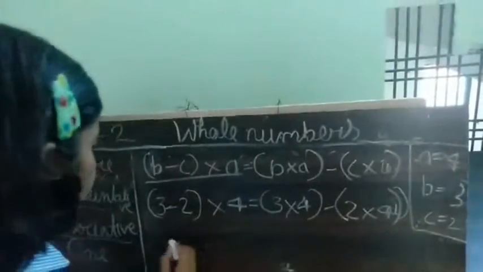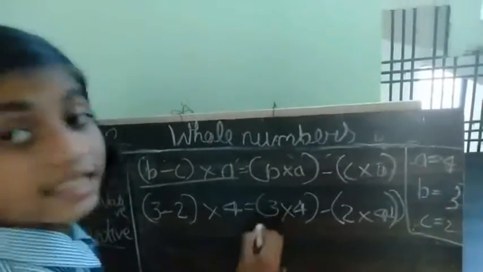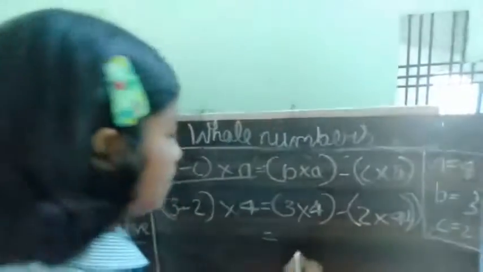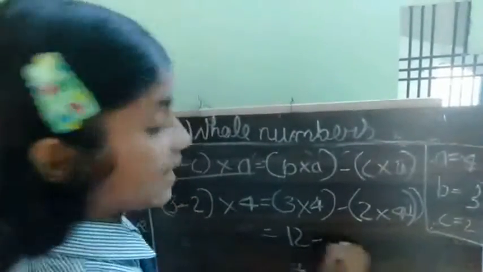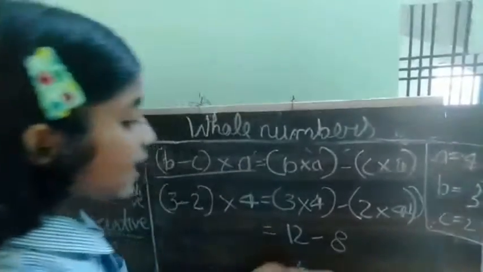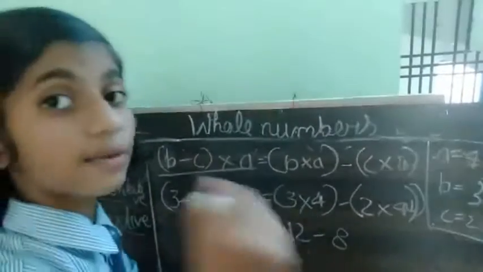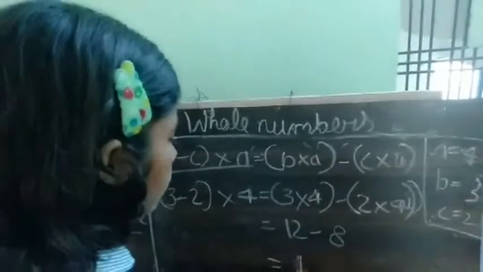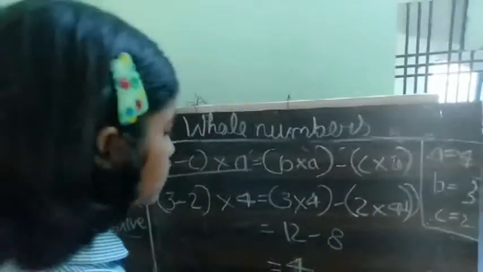Now we will solve it. 4 threes are 12, minus 8, equals 12 minus 8 equals 4. Our answer is 4.